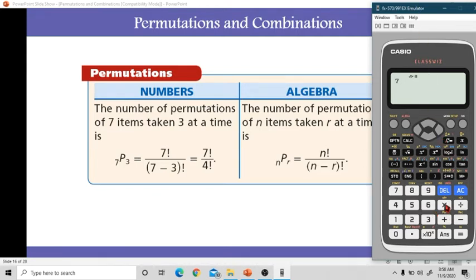Yung nPr is nasa taas ng multiplication sign. So we will click Shift. Then click the multiplication sign kasi nasa taas yung nPr. So 7P. Then click 3. Okay, 7Pr is 7 taken r at a time. So it is equal to 210.